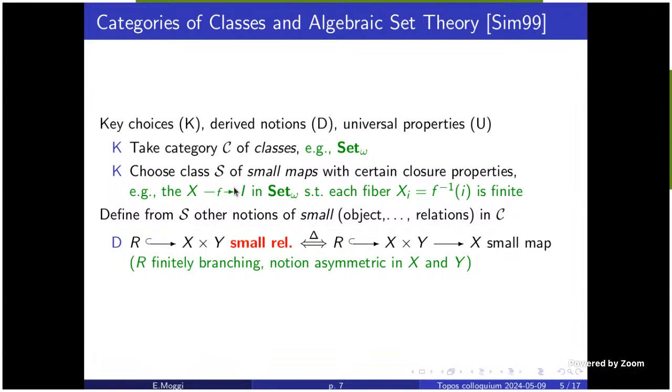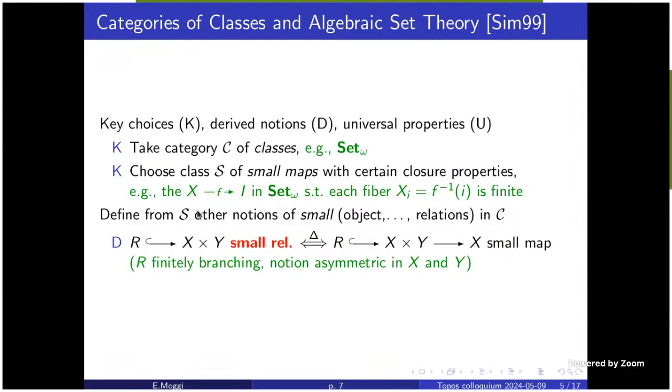So we need this additional structure, this class of small maps, which of course is a subcategory of C. And in the case of Set omega, the obvious choice of small maps are the maps such that each fiber is finite. So we have a family of finite sets.